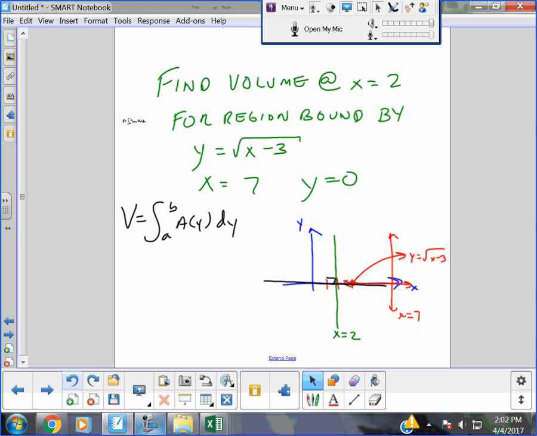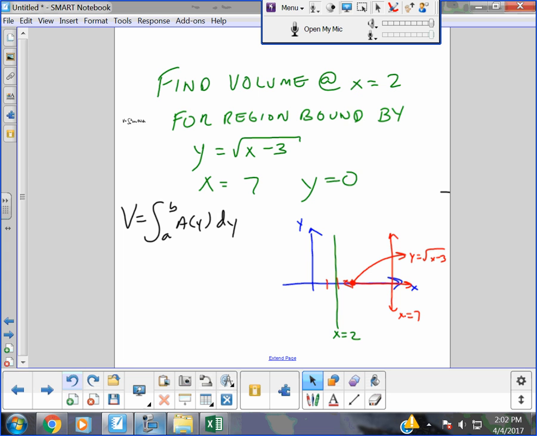And when we rotate this, hopefully you guys see that this is going to be a washer. When you rotate this shape around, there's going to be an RI and an RO. Now I'm going to draw it up because every time we do this, we're going to have this. I'm going to get rid of this black line.